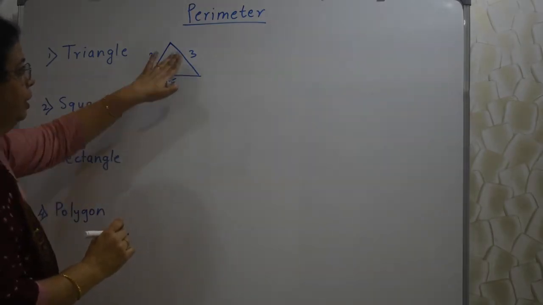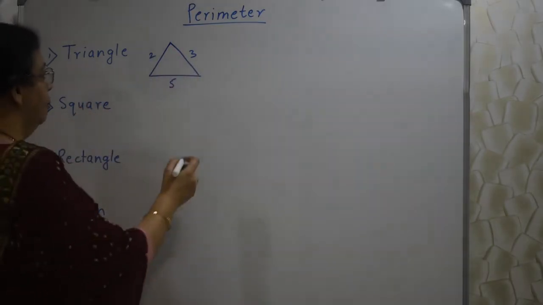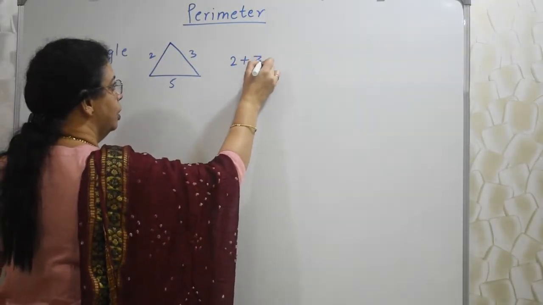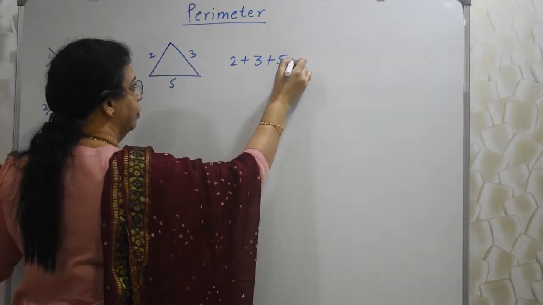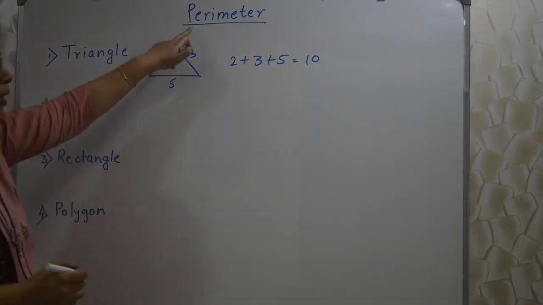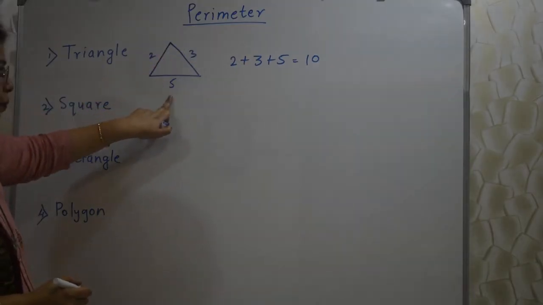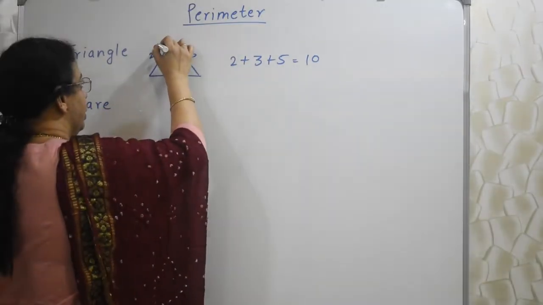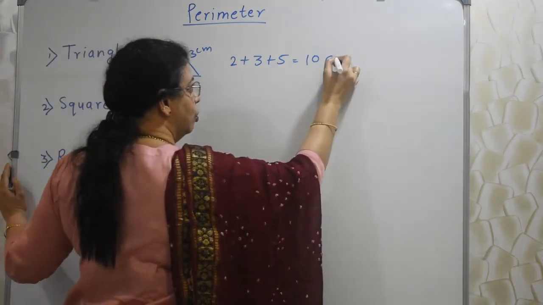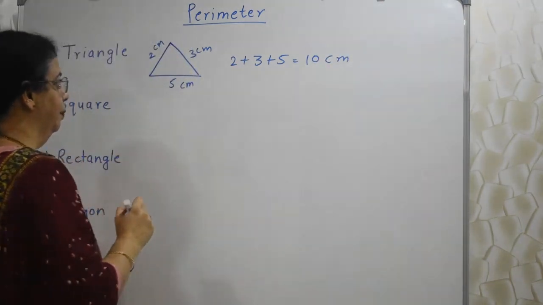This is 2 centimeter, 3 centimeter, 5 centimeter. Perimeter of this triangle is 2 plus 3 plus 5, that is 10. 10 is the perimeter of this triangle. If this is centimeter, then obviously the answer also will be in centimeter.